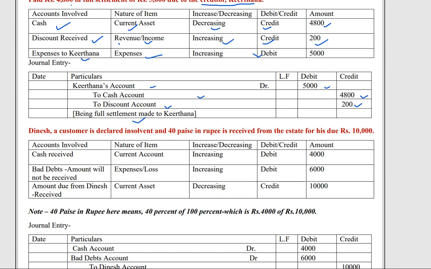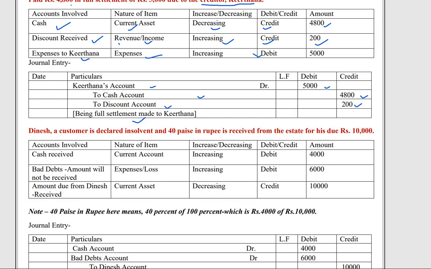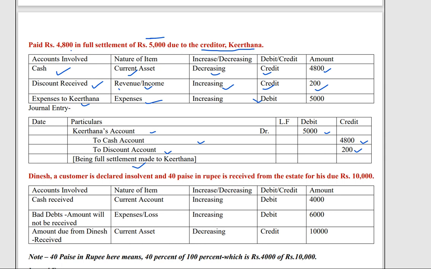So the last one here is: Dinesh, a customer, is declared insolvent and 40 paise in rupee is received from the estate for his due of rupees 10,000. In the last example, the amount was due from our business to Keerthana.